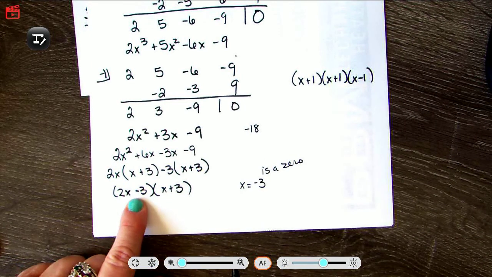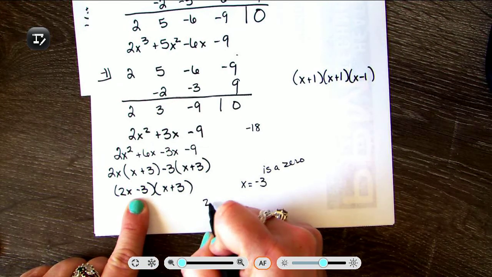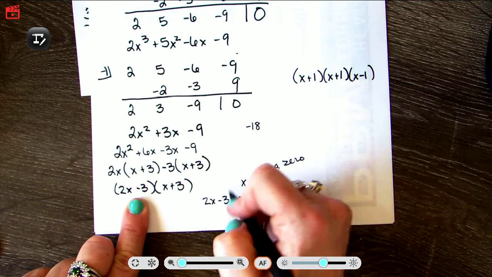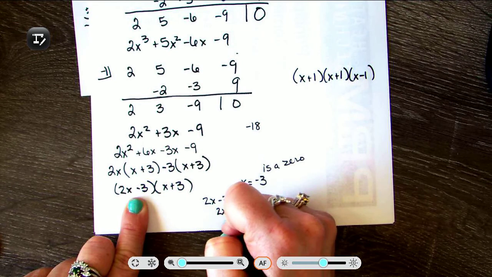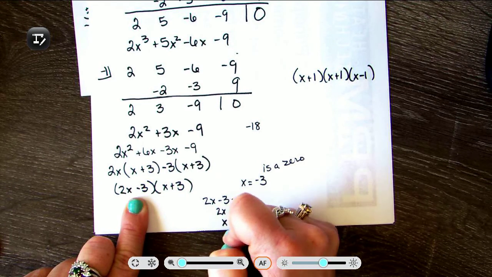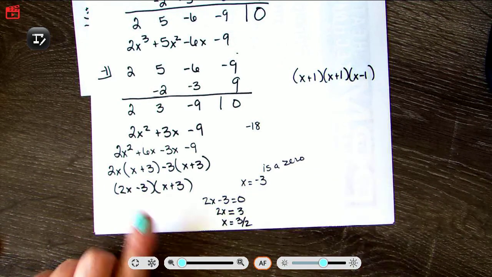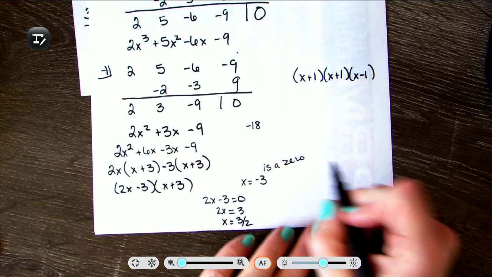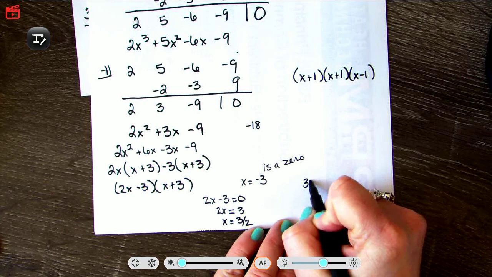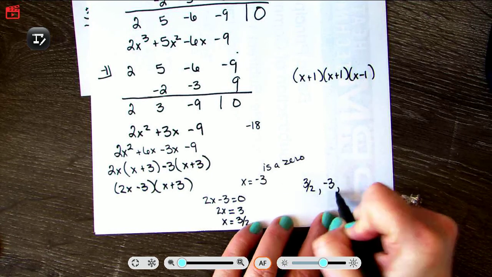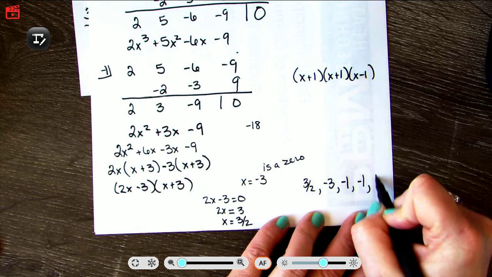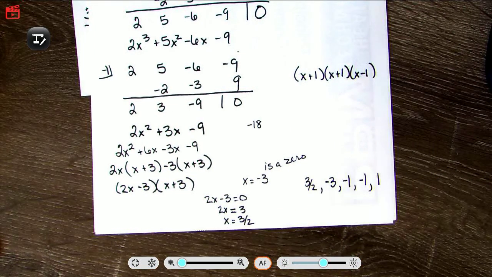This one would have been a little harder to find because, first of all, we don't like to work with fractions. So it would not have been one that we checked. But there's our other positive 0, that 3 halves. So our zeros are 3 halves, negative 3, negative 1, and if you want to write it down twice, negative 1, and positive 1. So there are our 5 real zeros.